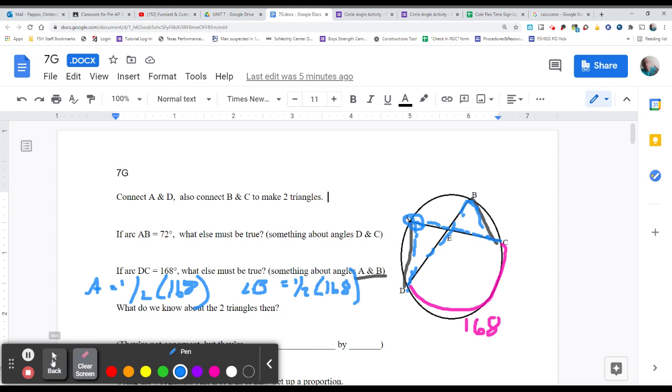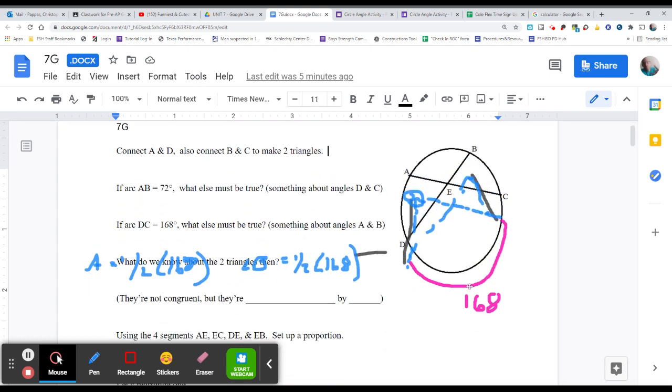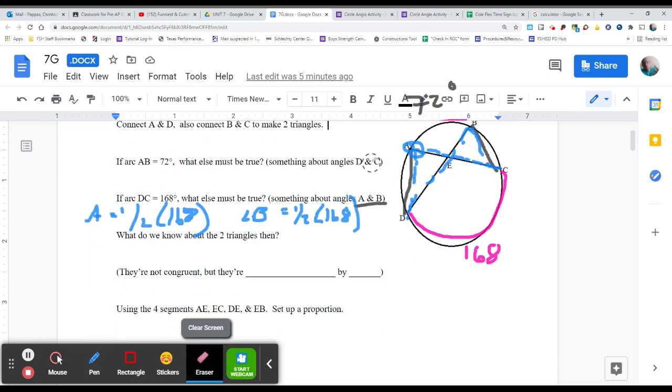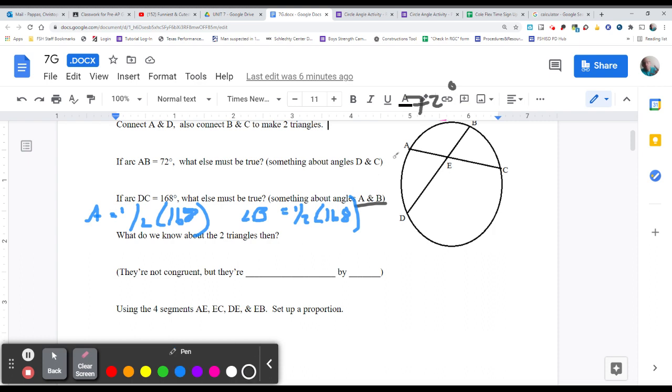Coming here, let's talk about what we have in total. Just by making these two triangles, we know that angle D is congruent to angle C. Angle A is congruent to angle B. And also we got these vertical angles in the middle right here.